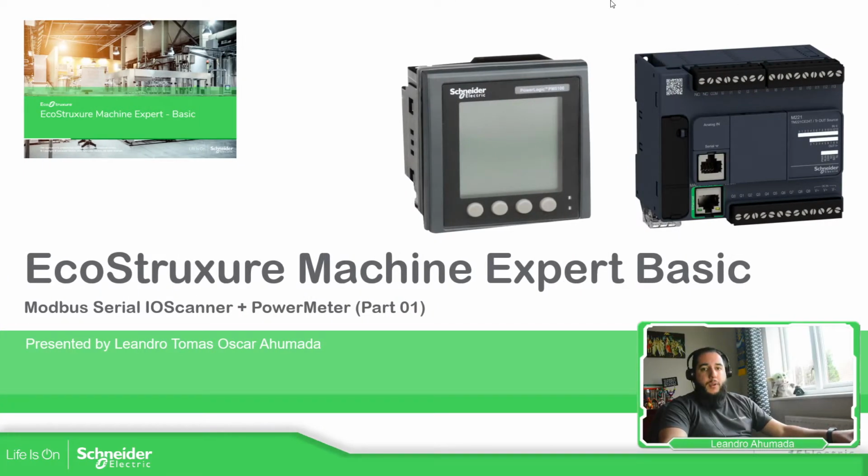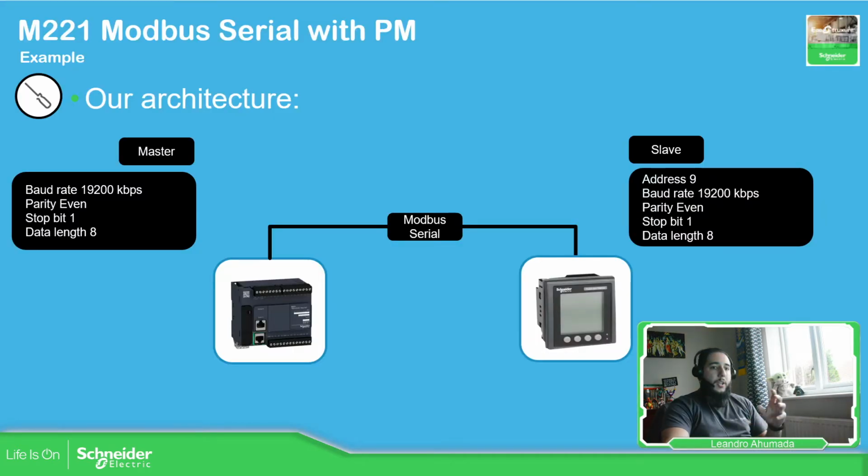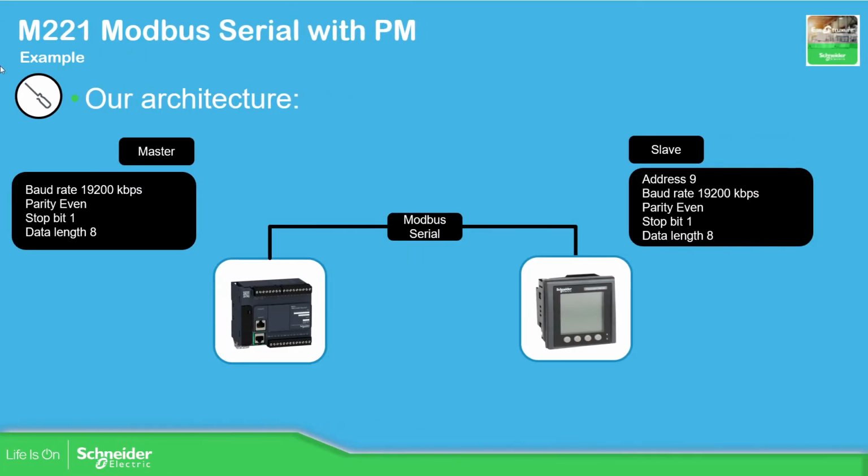Like every Modbus communication, we have a master and a slave. In our case, the master will be the PLC and the slave will be the power meter. There are a few parameters that we need to match in order to establish the communication. If we go deeper here, you can see the master of the PLC with this information: the baud rate, the parity, the stop bit, the data length.